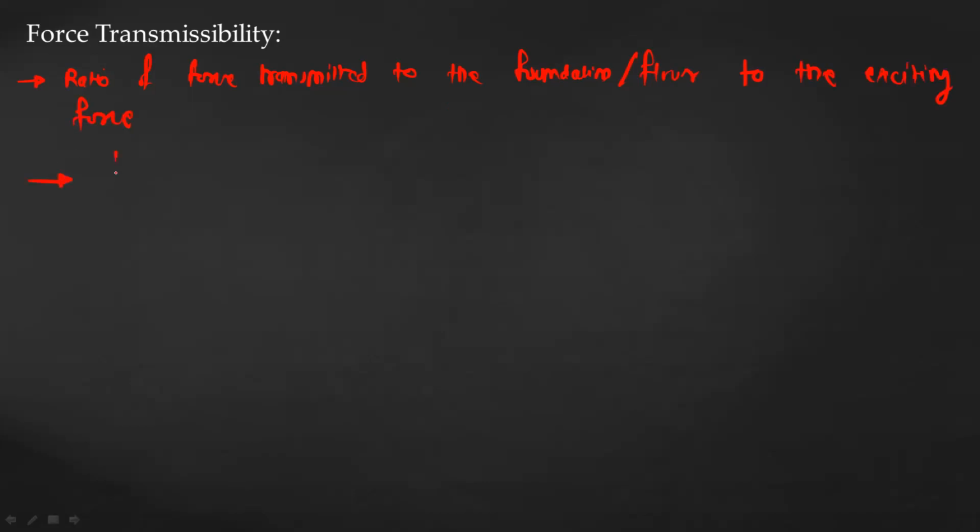This is represented as FTR, the force transmitted, upon F0, the exciting force. So this ratio is nothing but the force transmissibility.